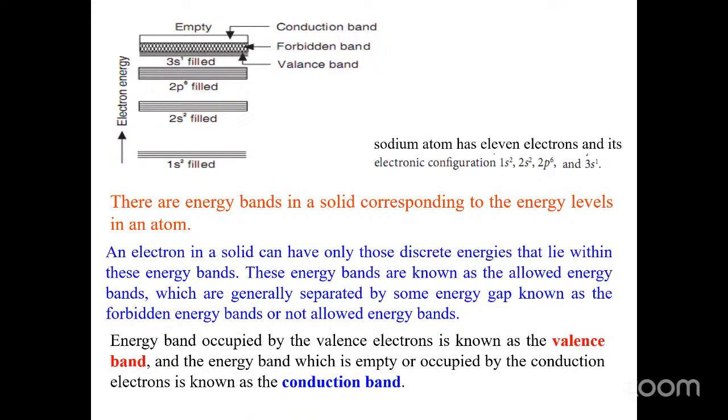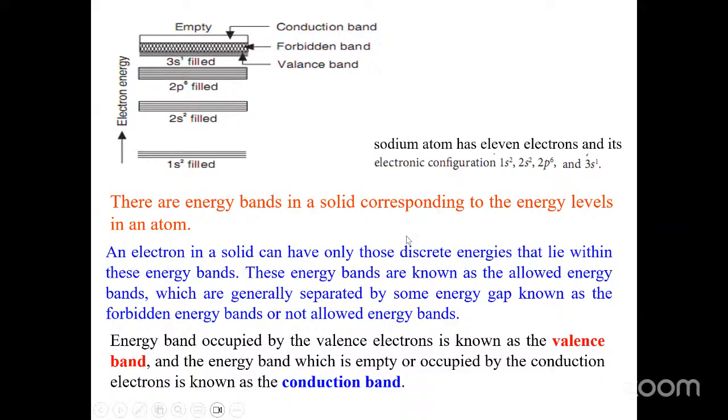There are energy bands in a solid which correspond to the energy levels in an atom. An electron in a solid can have only discrete energies, not continuous, that lie within these energy bands, which are known as the allowed energy bands. They are generally separated by some energy gap, which you can call the forbidden energy gap, or not-allowed energy bands.